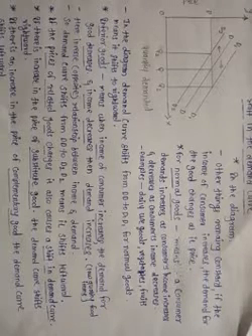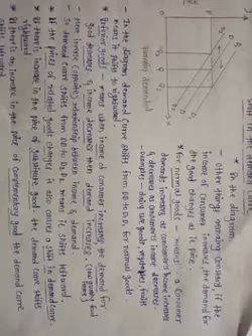Then, if there is an increase in the price of a complementary good, complementary goods are those goods which are consumed together to satisfy a want or a particular need. For example, pen and ink, tea and sugar. Here, the relationship between the price of a good and the demand for the complementary good is opposite.